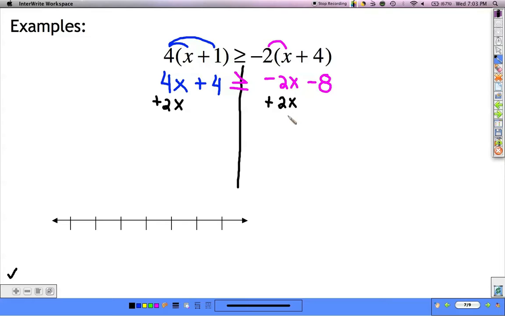Negative 2x plus 2x is going to add to 0, or cancel out. And 4x plus 2x is going to give us 6x. I just want to bring down my plus 4, bring down my symbol of inequality, and bring down the minus 8. A lot of people forget that that negative sign goes with the 8 now.